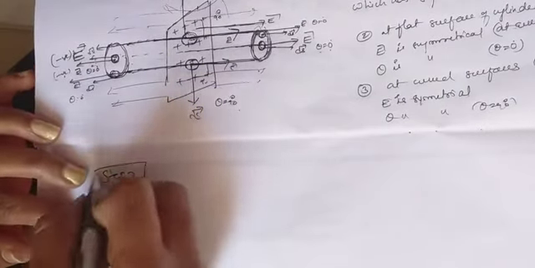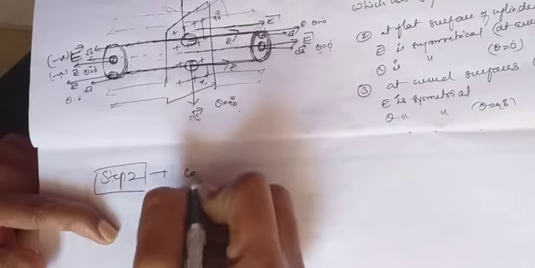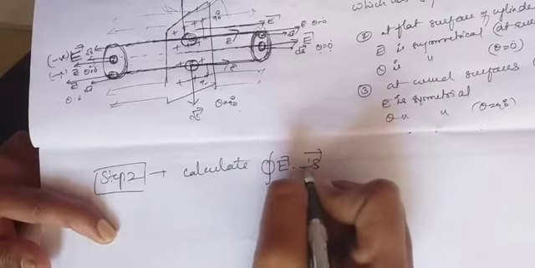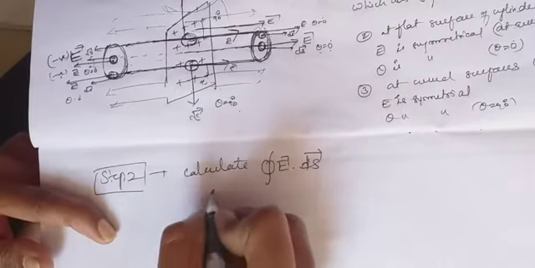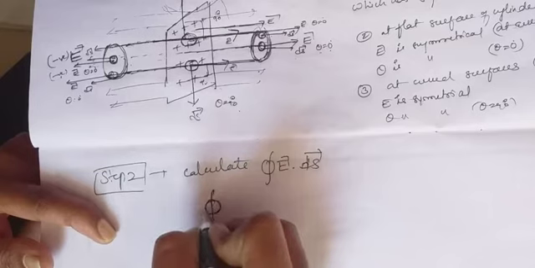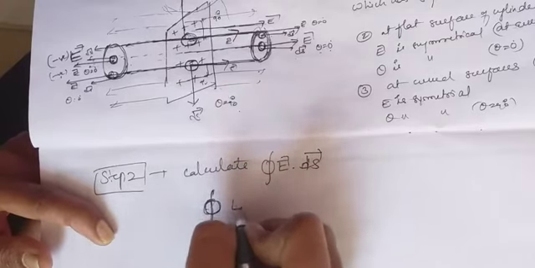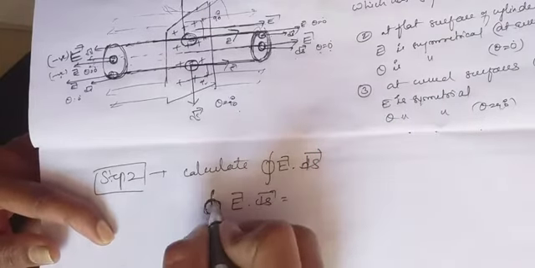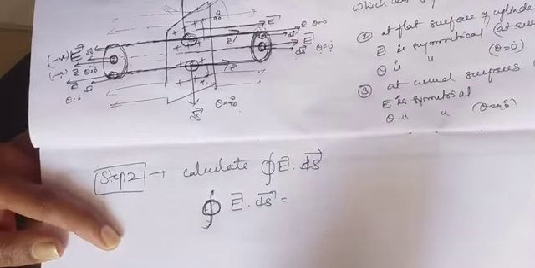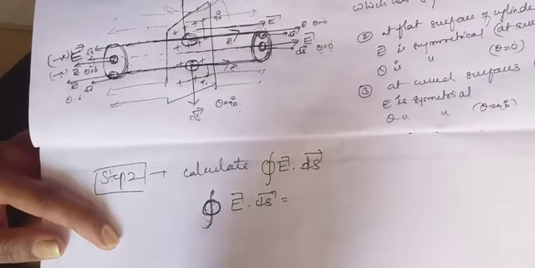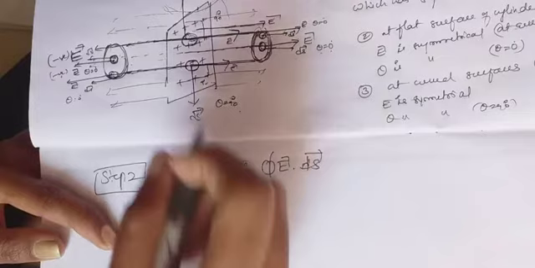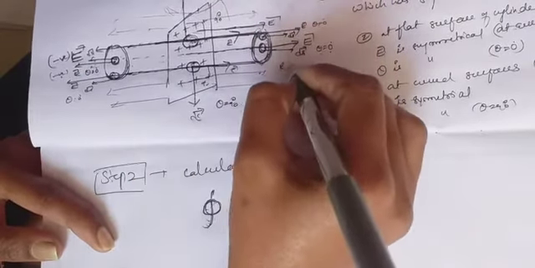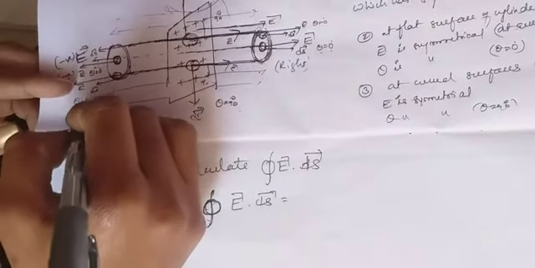Now we have to write the second step, step 2. We have to calculate E bar dot ds bar, that is, the integration over the closed surface, E dot ds. This is the closed surface. In the closed surface we have one curved surface and two flat surfaces, the right side flat and the left side flat.